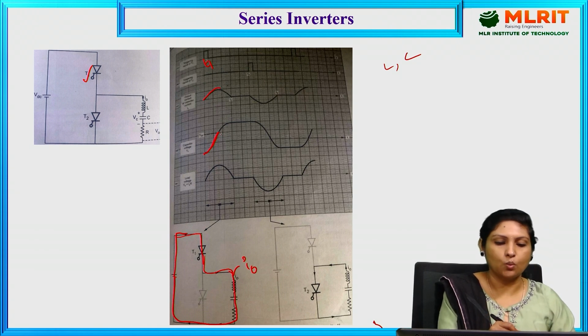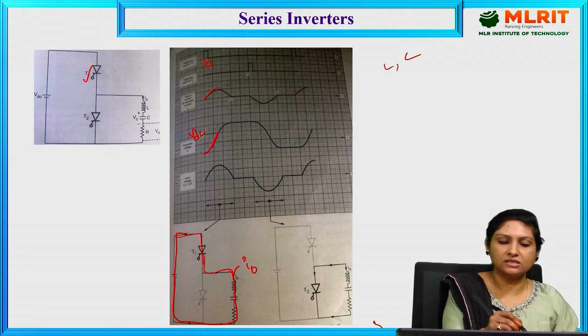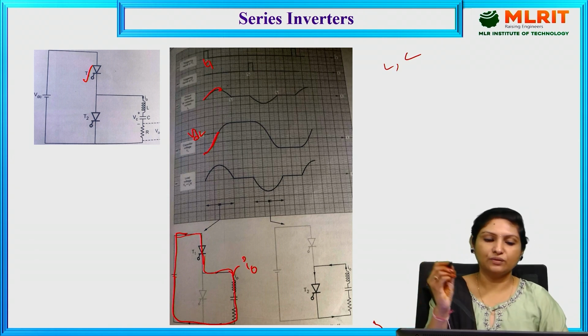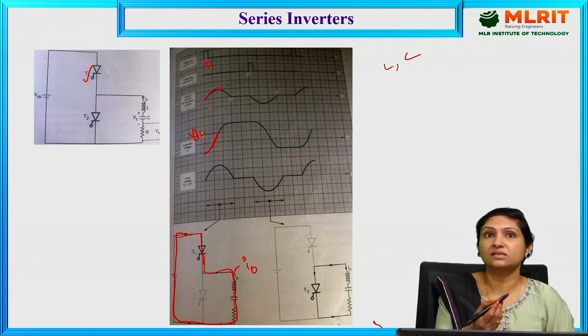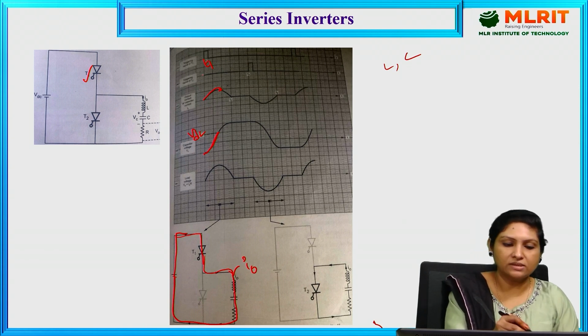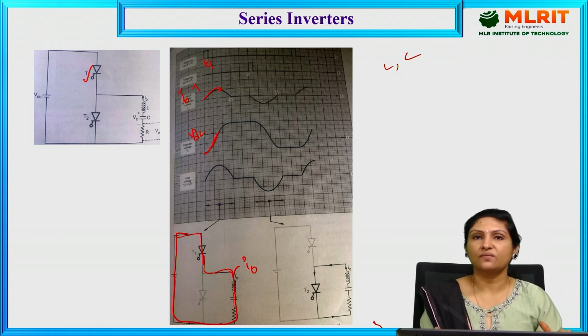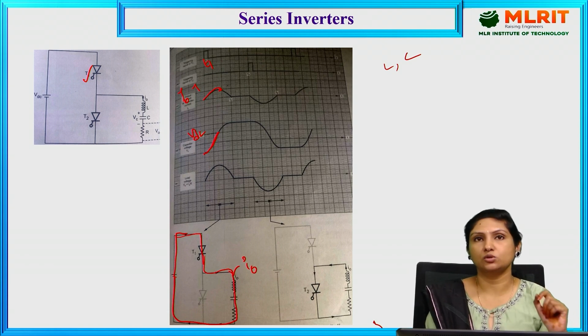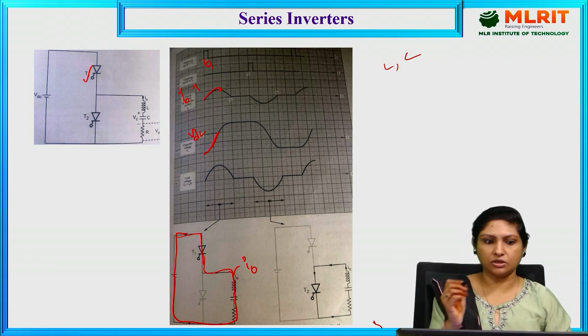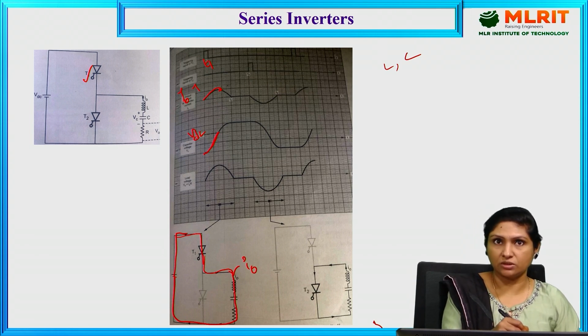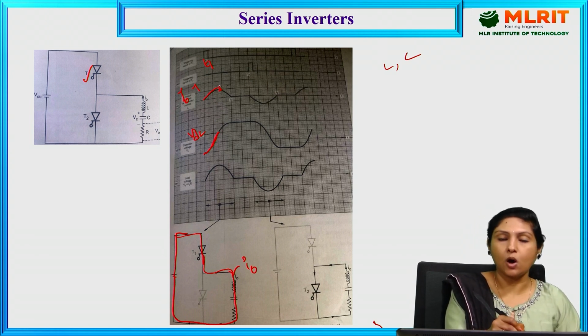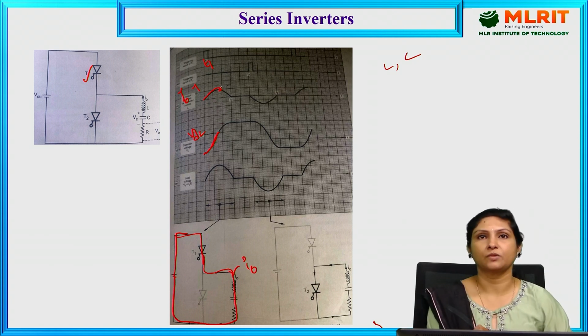The moment the capacitor voltage reaches VDC, at that instant the current flow through the load will be maximum. And if you see here, the current is sinusoidal. Why is the current flow through the load sinusoidal? It is because we are making use of a series RLC circuit, and that is the only reason the current through the load is increasing in a sinusoidal manner.